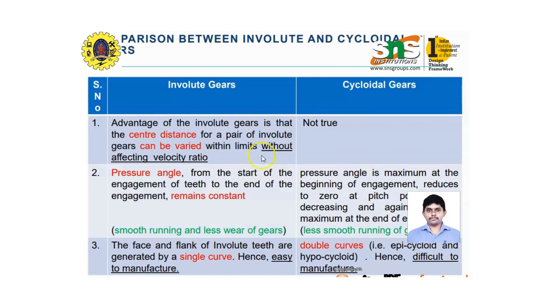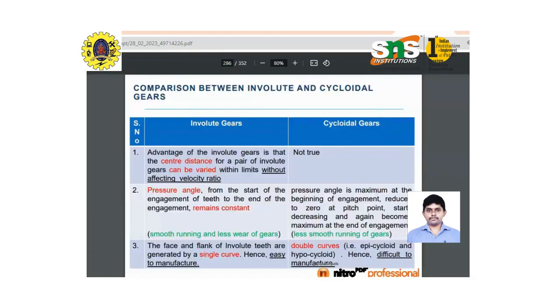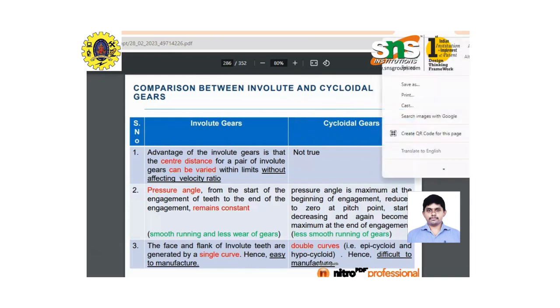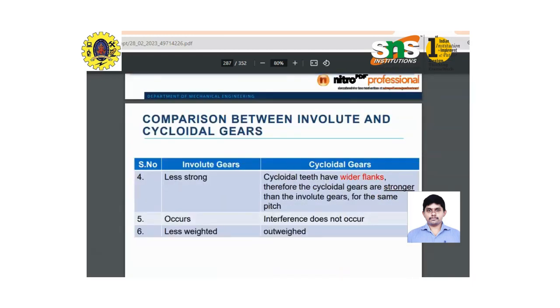But in involute gears, that shape is reduced, though it can be varied with respect to the change of the pressure angle. So the pressure angle is mentioned under varying conditions, and these changes vary with respect to the cycloidal gears.